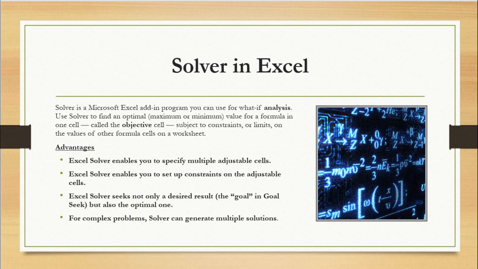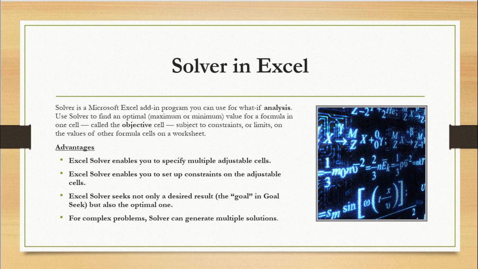Excel solver also enables you to set up constraints on the adjustable cells. For example, you can tell solver to find a solution that not only maximizes profit but also satisfies certain conditions, such as achieving a gross margin between 60 to 70% or keeping expenses less than, let's say, $5,000. These conditions are said to be constraints on the solution.